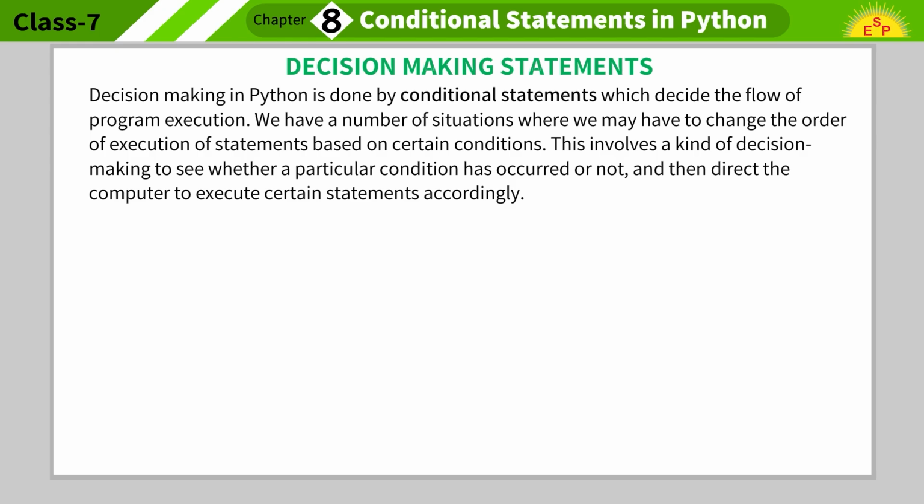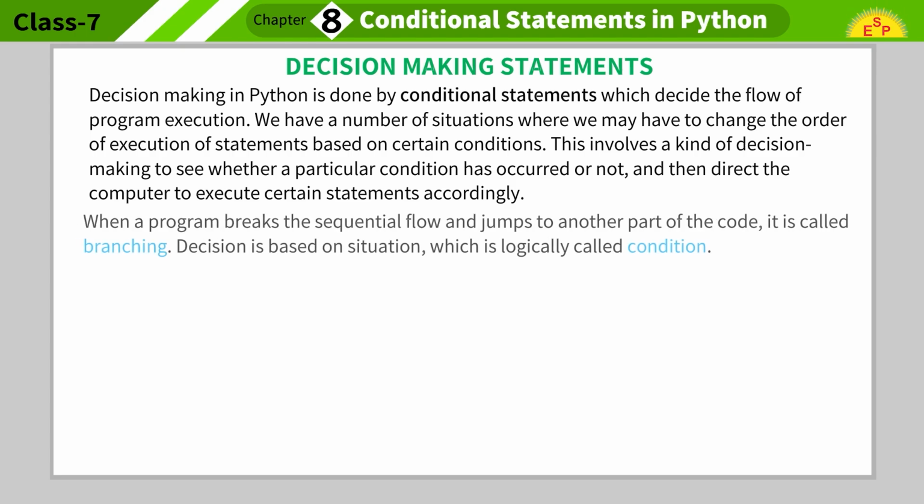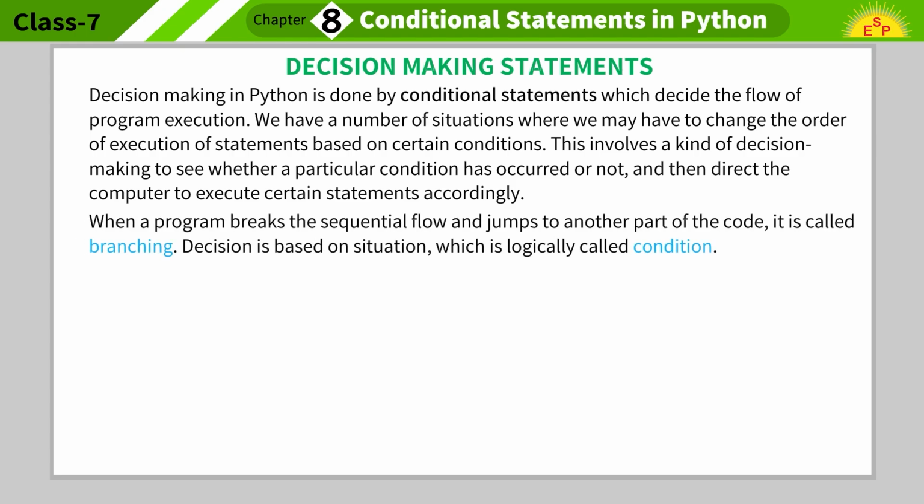This involves a kind of decision-making to see whether a particular condition has occurred or not, and then direct the computer to execute certain statements accordingly. When a program breaks the sequential flow and jumps to another part of the code, it is called branching. Decision is based on situation, which is logically called condition.